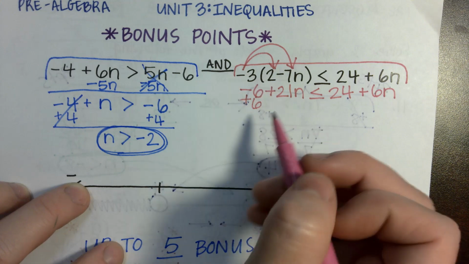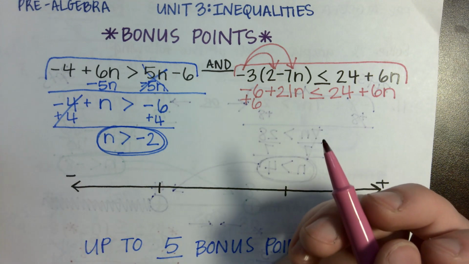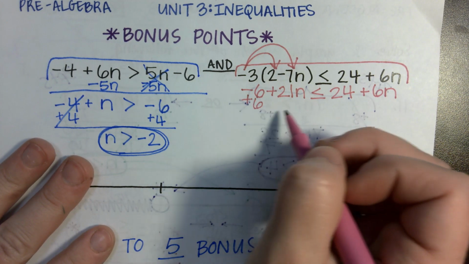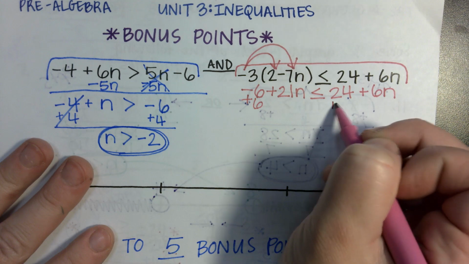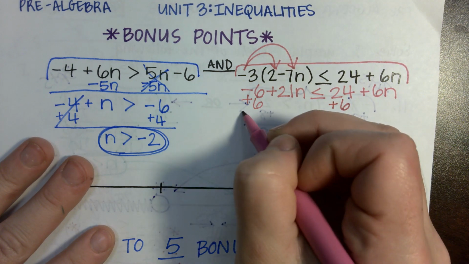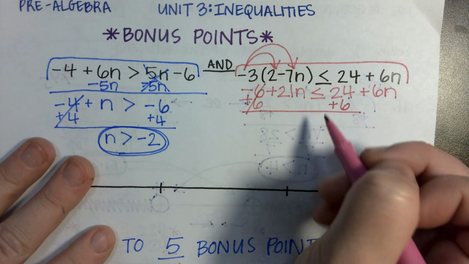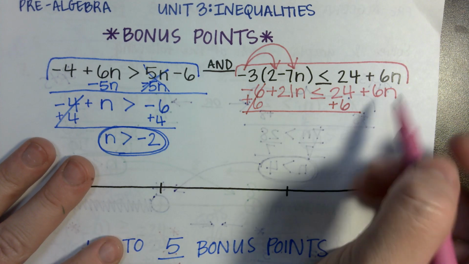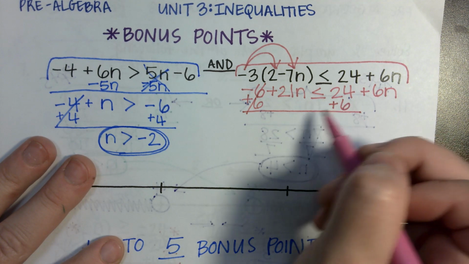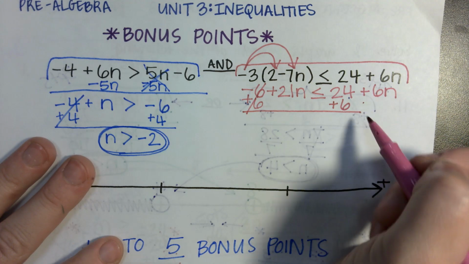But if you do +6 first, that's fine. It won't give you a different answer as long as you add it to the correct number. So we need to put it on 24. So we're going to do -6n. Here, let's go ahead and I'll do that at the same time, guys.